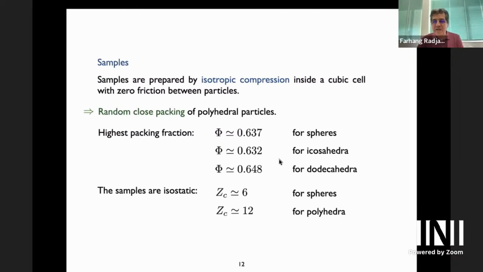For icosahedra, we find a slightly lower value, 0.632, and for dodecahedra, 0.648, which is larger than spheres. The samples are isostatic, and as predicted for isostatic packings, ZC is nearly 6.